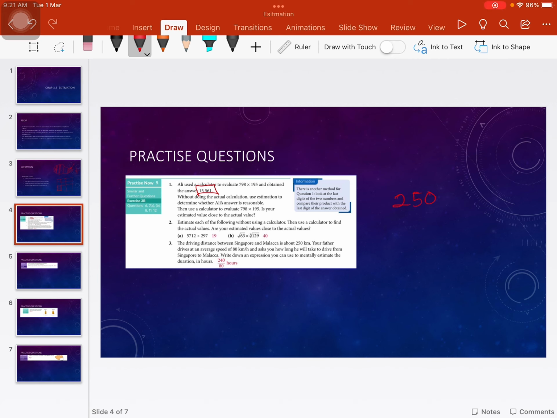So the closest you can get for 250 is actually 240, because it's an easy number to divide with. You don't want to overestimate or underestimate, so as close as possible. Okay, so 240 over 80, that should give you 3 hours. Okay, let's move on.